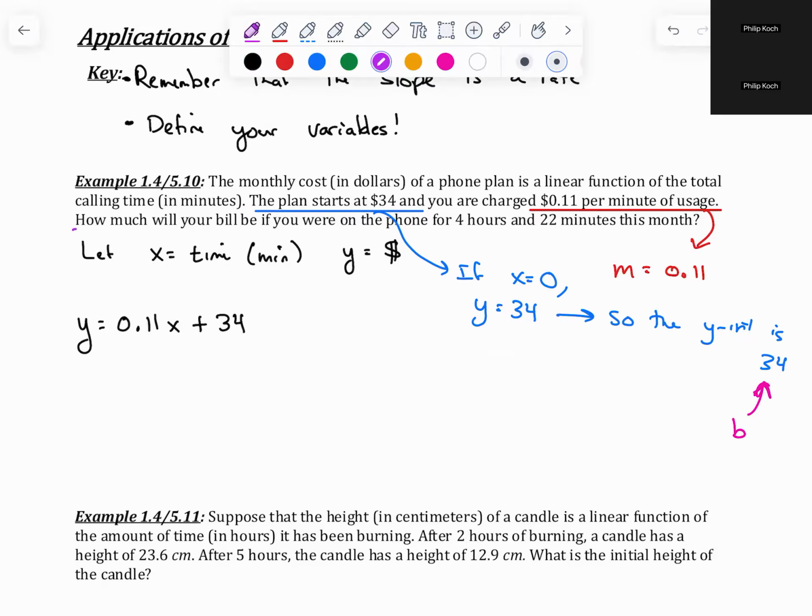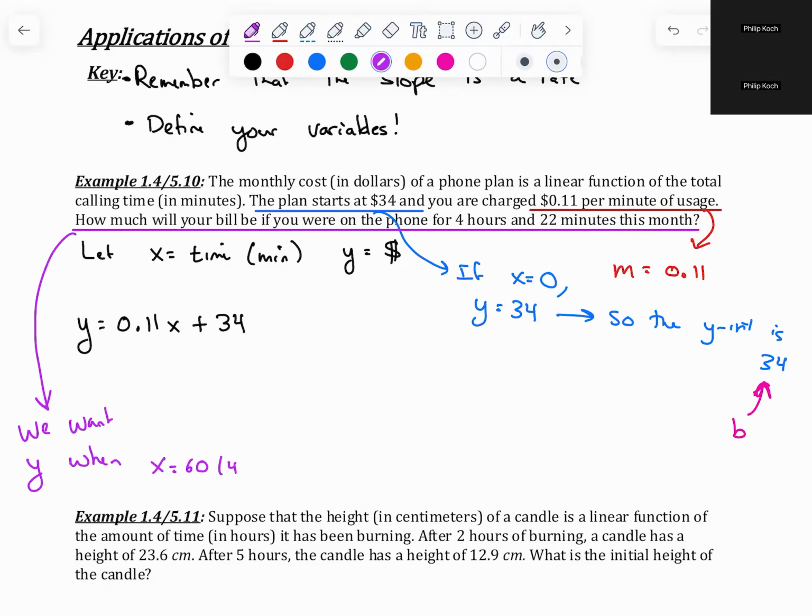So let's read this last statement. How much will your phone bill be? We want y when x equals 60 times 4 plus 22.